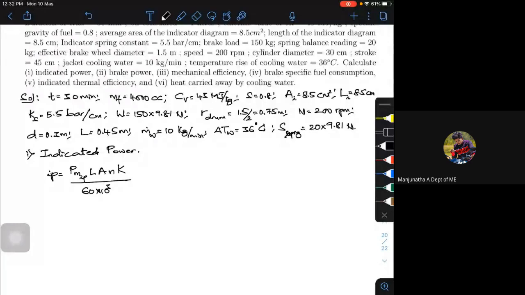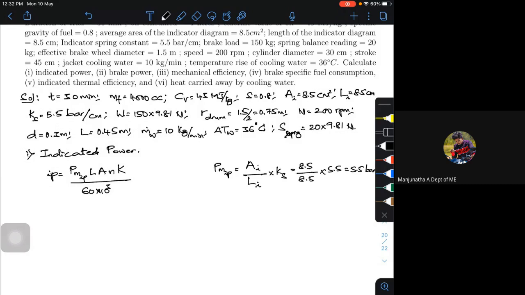So I can find it: indicated mean effective pressure is given by the area of the indicator diagram divided by the length of the indicator diagram, into the constant K_s, that is 8.5 centimeter square divided by 8.5, into 5.5 bar per centimeter. So mean effective pressure is 5.5 bar or 5.5 into 10 to the power of 5.